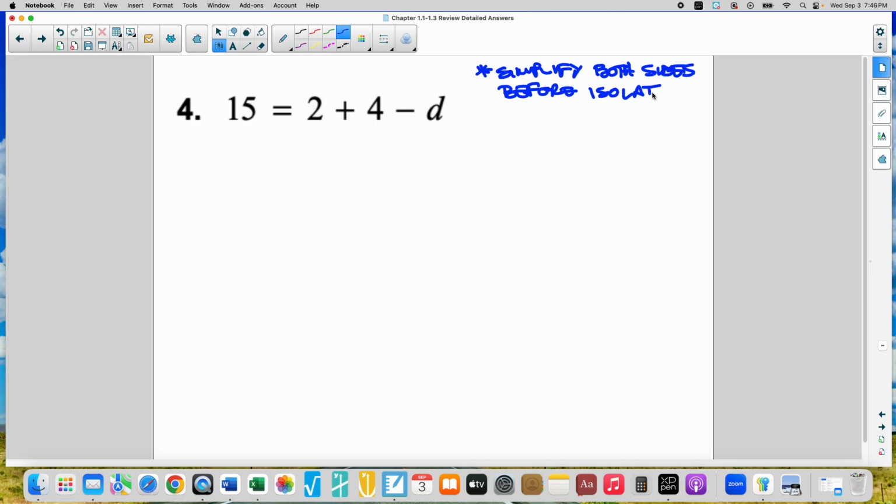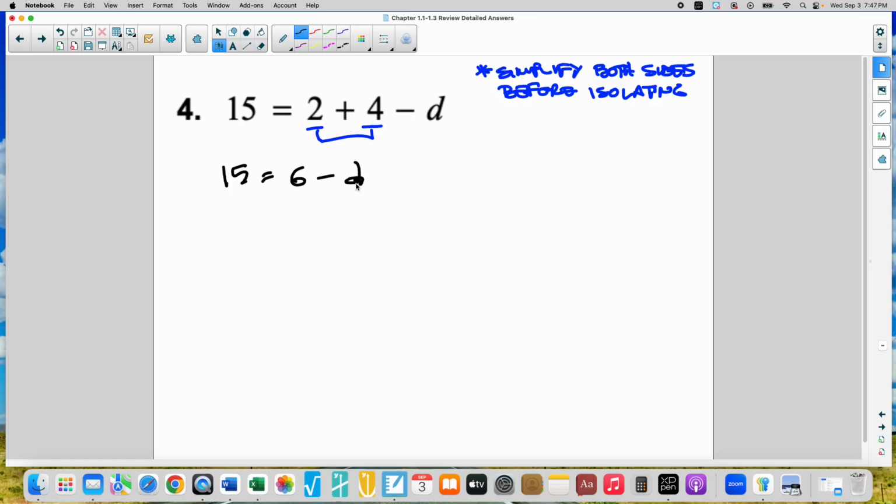If we have like terms on the same side of the equal sign, we can combine them. So this problem now becomes 15 equals 6 minus d.